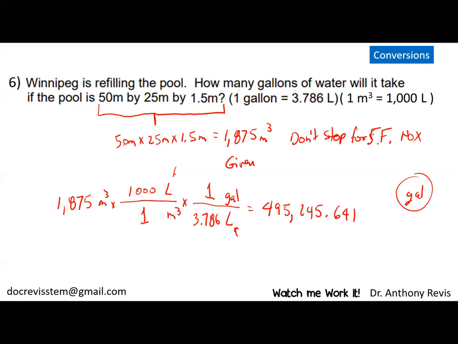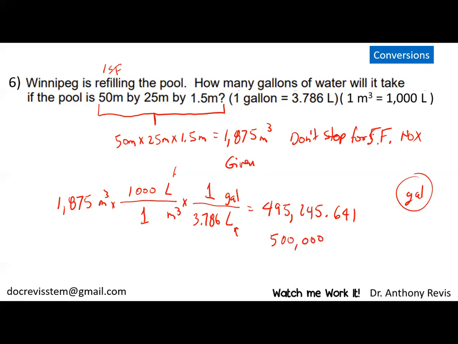One is it goes back to your original sig figs. In this case, the lowest number of sig figs is 1 sig fig right here. And by the way, that was my dog in the background. So here I would round that to 500,000 for the 1 sig fig.